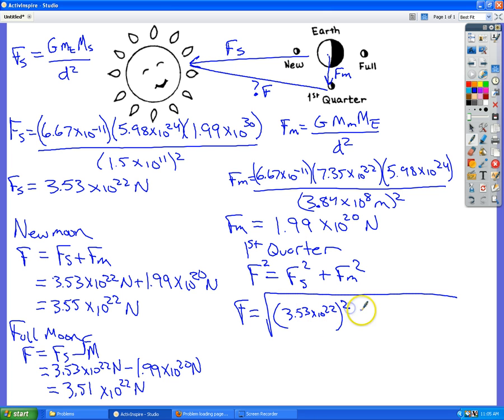Remember to square that number, plus the force of the moon, which is 1.99 times 10 to the 20th squared. And when you do your math, you should get 3.53 times 10 to the 22nd newtons. So there's not a huge difference there when it's in the first quarter. Just a difference when you have it as a new and when you have it as a full moon. And that's the end of that problem.